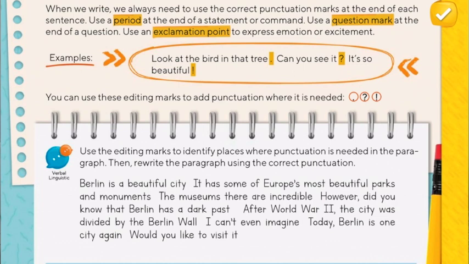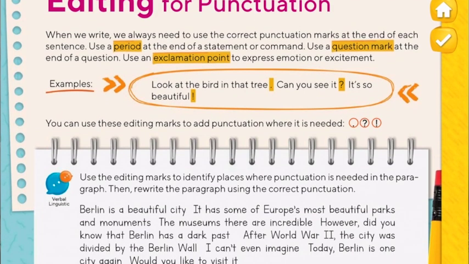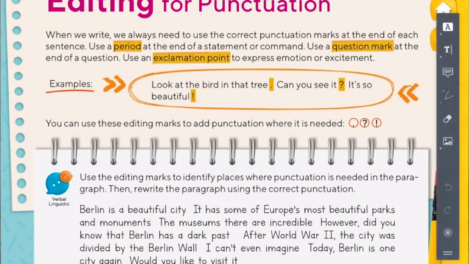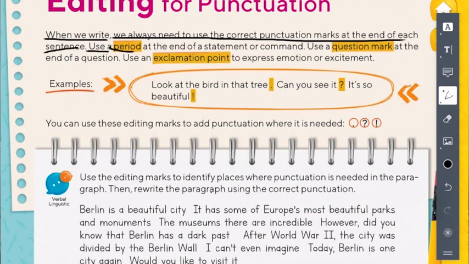Okay, here we are on the page. Nice. And it's editing for punctuation. All right, let's read. When we write, we always need to use the correct punctuation mark at the end of each sentence. Use a period, and circle period, at the end of a statement or command. Use a question mark, circle question mark, at the end of a question.